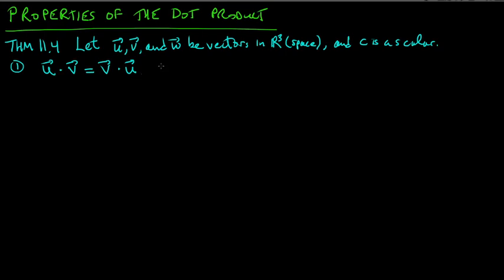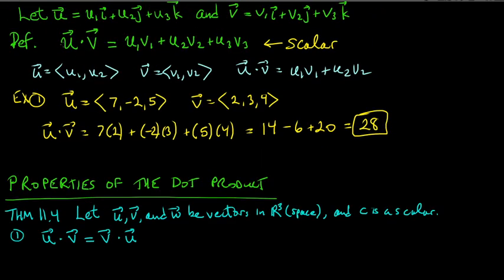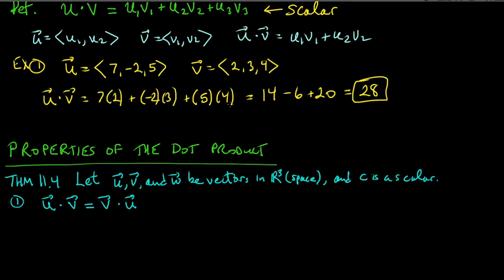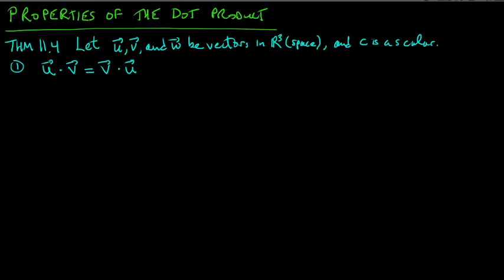And it's very easy to prove that. All you have to do is note that in the definition here, each term can be reversed, right? The number u1 times v1 is the same as v1 times u1, right? So the proof goes like this, and I know I probably shouldn't bother proving it, but it's really easy.